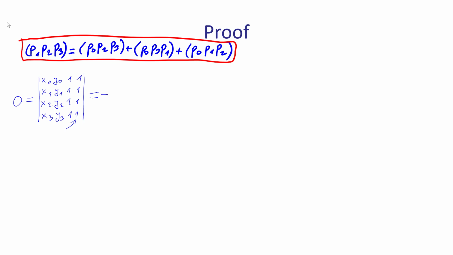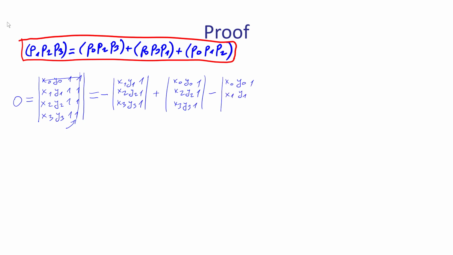It will be minus 1 multiplied by the determinant of x1, y1, 1, x2, y2, 1, x3, y3, 1, because this is what gets us here, plus 1 multiplied by x0, y0, 1, x2, y2, 1, x3, y3, 1, minus x0, y0, 1, x1, y1, 1, x3, y3, 1, and plus the last one, x0, y0, 1, x1, y1, 1, and x2, y2, 1.